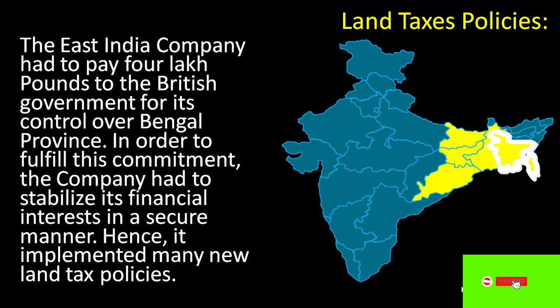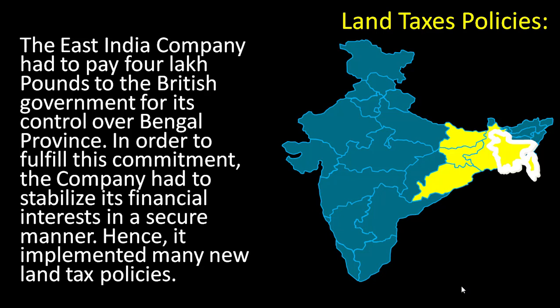Land tax policies. The East India Company had to pay 4 lakh pounds to the British government for its control over Bengal Province. In order to fulfill this commitment, the company had to stabilize its financial interests in a secure manner.